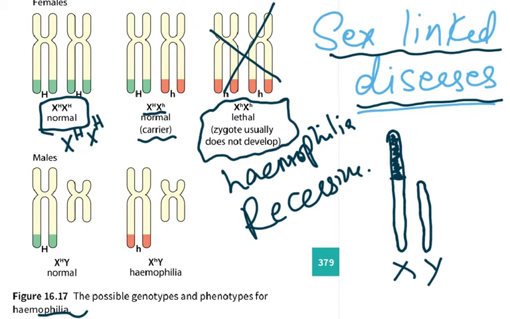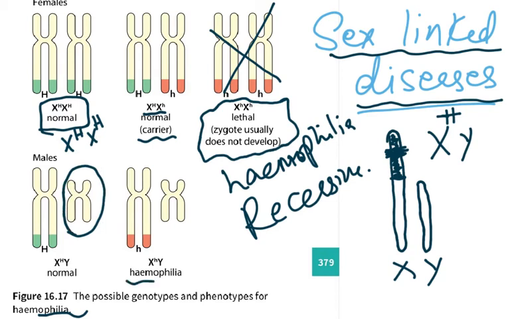Now when we look at the males, there's a part of the X chromosome where there is no corresponding part of the Y. So if there's anything written on the X, we just write it X raised to the power H. And then there's nothing on the Y. So XH and then nothing on the Y. So the Y doesn't have anything on it. This is the Y chromosome.